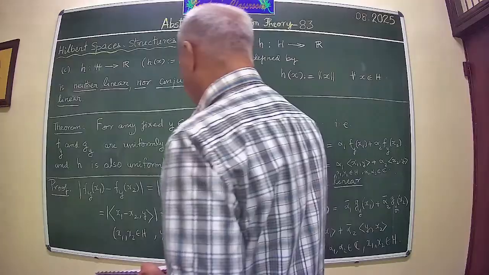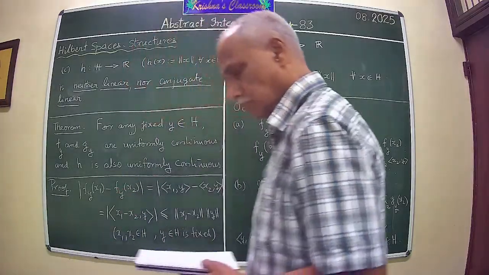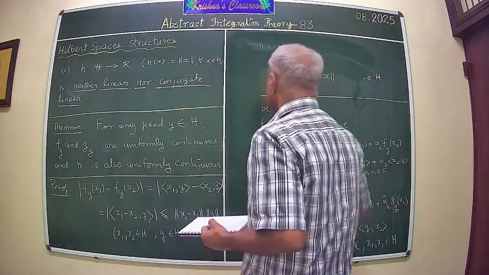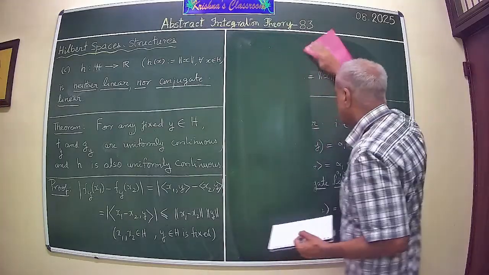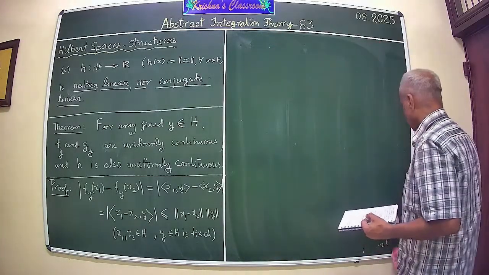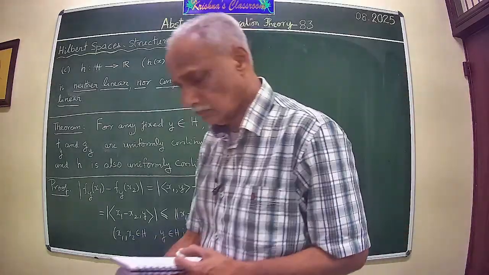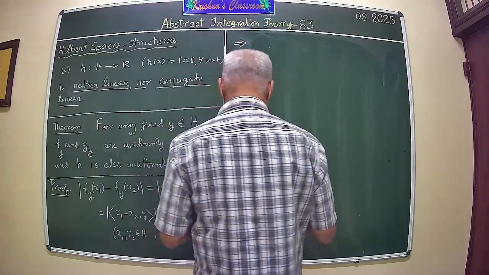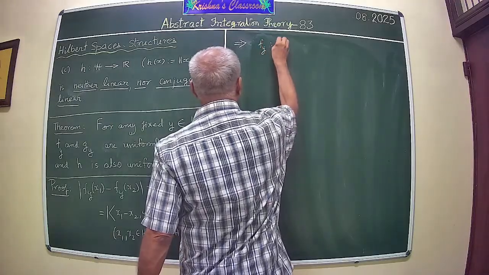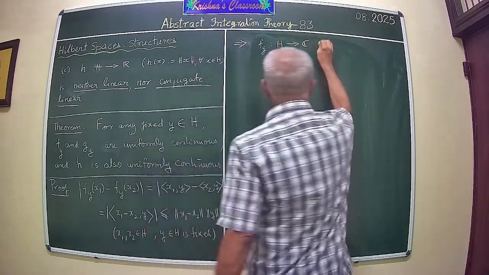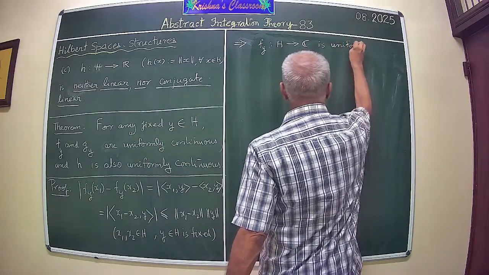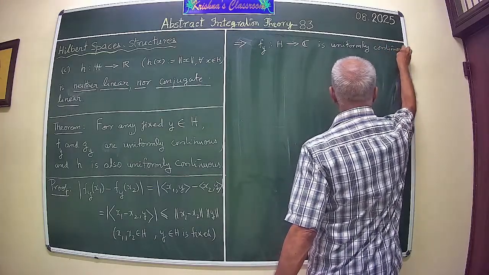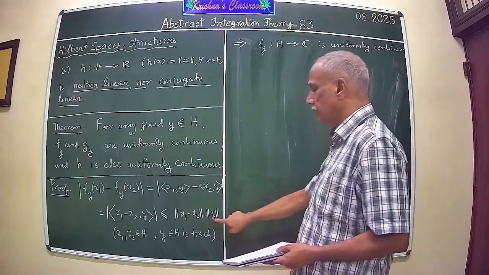Therefore, this is a continuous function. It is uniformly continuous because y is a fixed element.